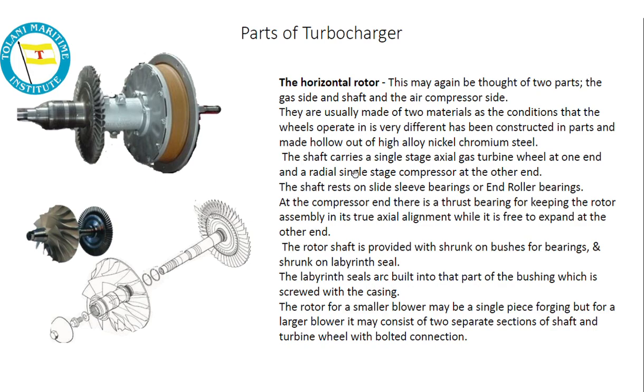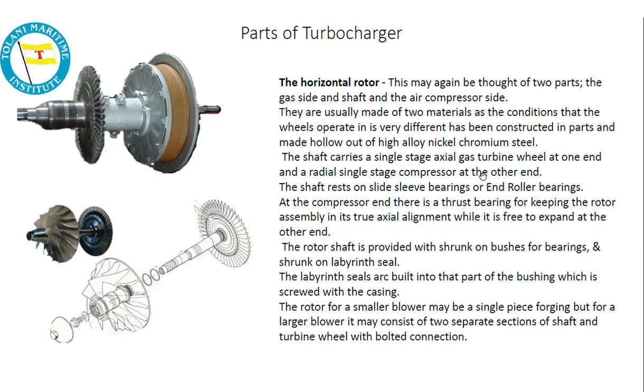The shaft carries a single stage axial gas turbine wheel at one end and a radial single stage compressor at the other end. The shaft rests on slide sleeve bearings or end roller bearings. At the compressor end, there is a thrust bearing for keeping the rotor assembly in its true axial alignment, while it is free to expand at the other end.